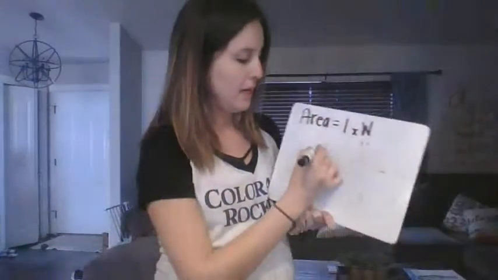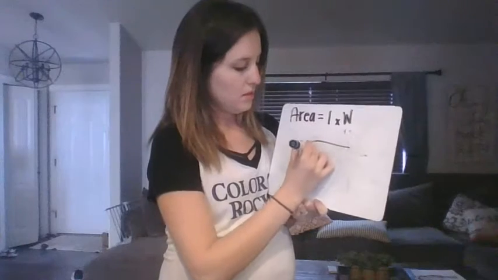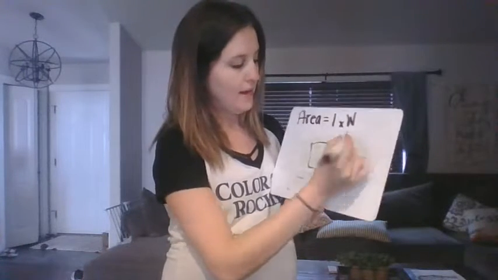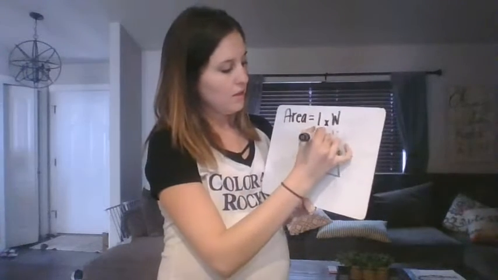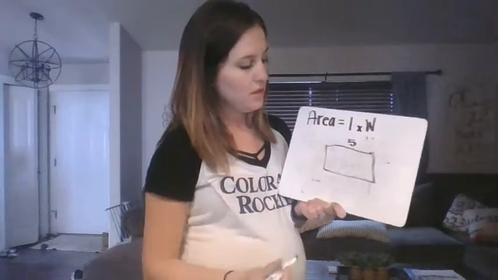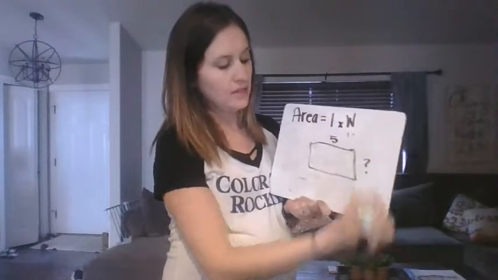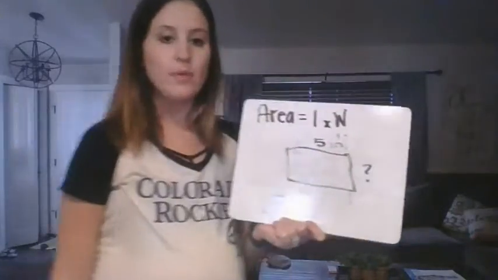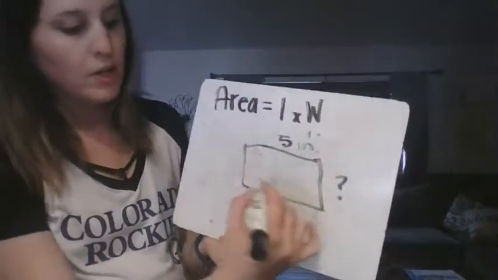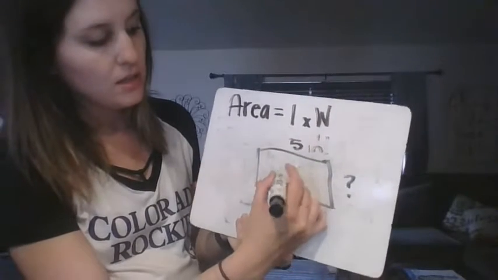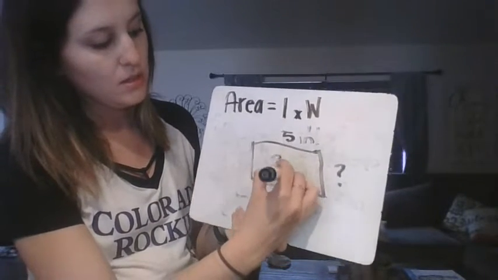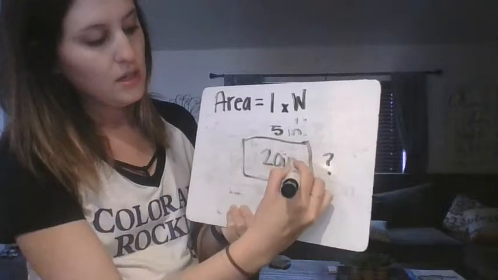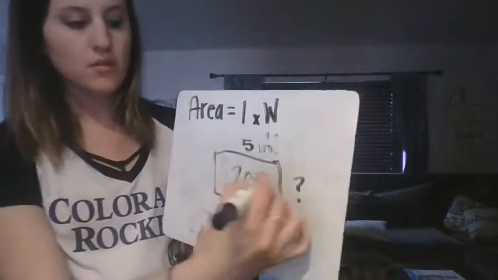Okay, let's try another one. Suppose my rectangle now, I have a missing length, and I'm going to say this side is 5 inches. I know that my area is going to be 20 inches squared.